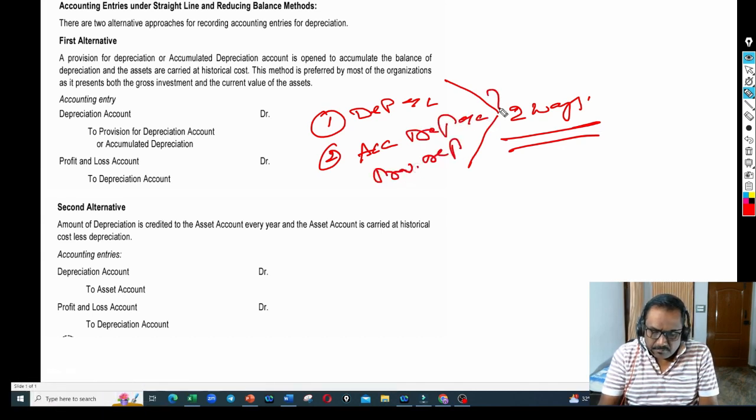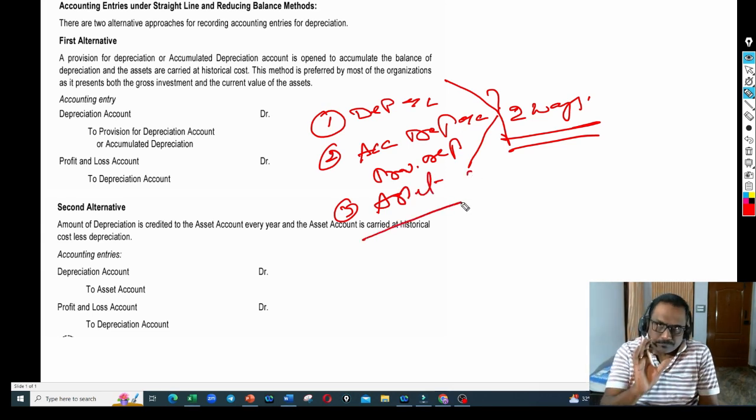It depends. Some people will call it provision for depreciation, some people will call it accumulated depreciation. They will create another account called accumulated depreciation account, and they will have the asset account anyway. Each asset will have its own account code, master code.